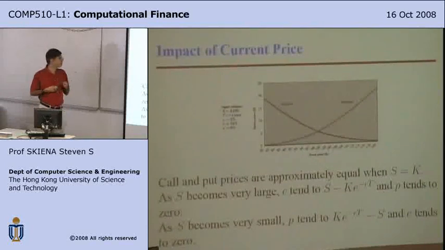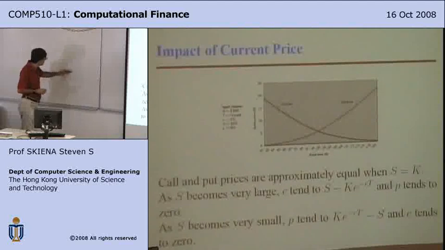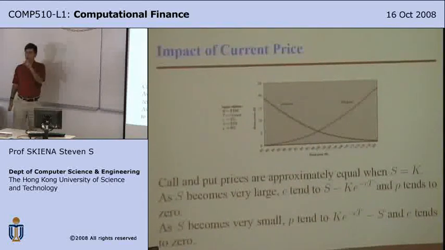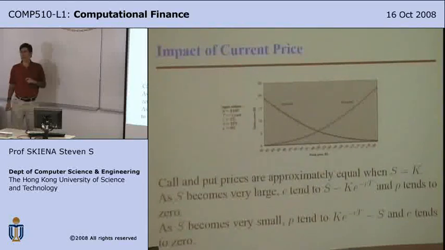Should the put and the call price be equal when the strike price is the same as the current price? Let's think about that. In principle, it seems like it should sort of be true around there, because there's no more likelihood for the price to go up, we're assuming, than to go down.